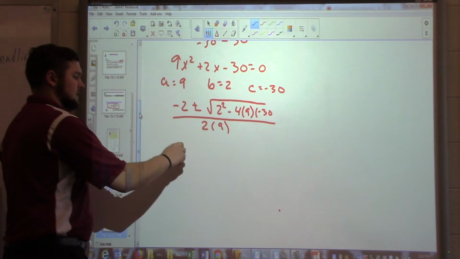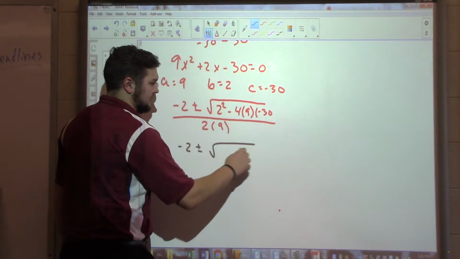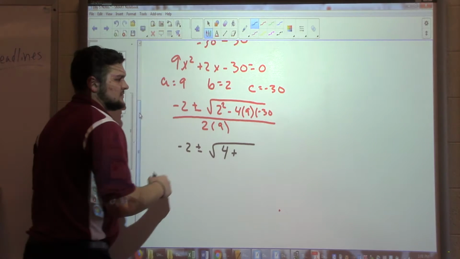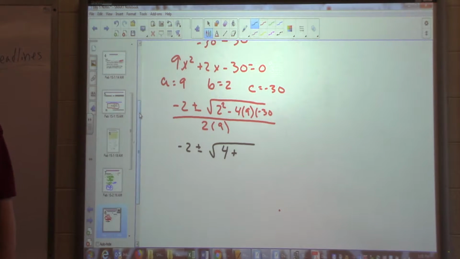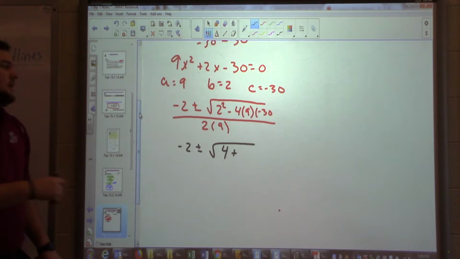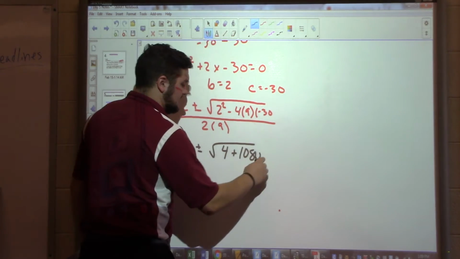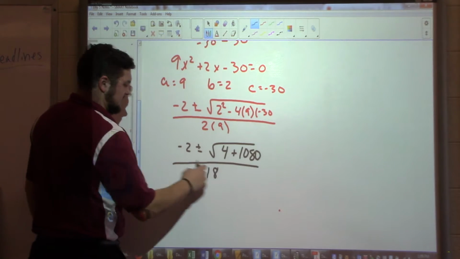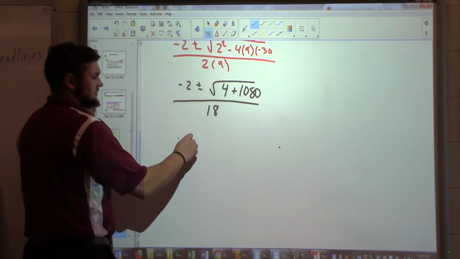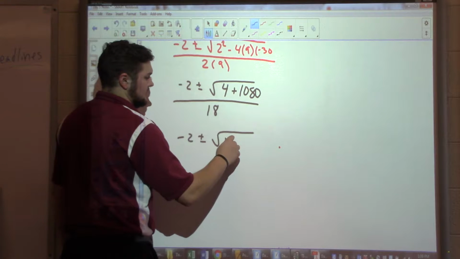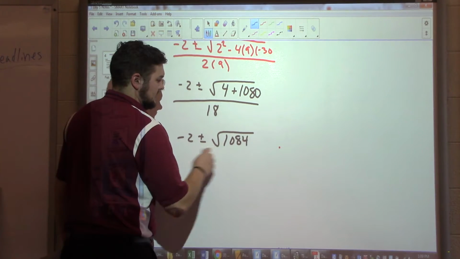Okay. Negative 2 plus or minus the square root of 4 plus, what's 4 times 9 times negative 30? 1080. So I get minus negative 1080, which is plus 1080 over 18. It's negative 2 plus or minus the square root of 1084 over 18.